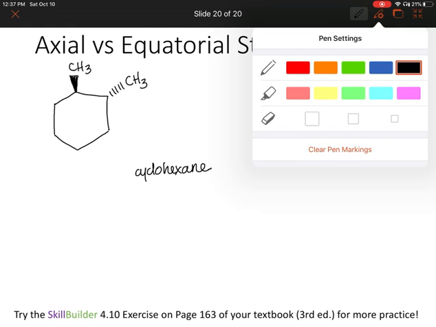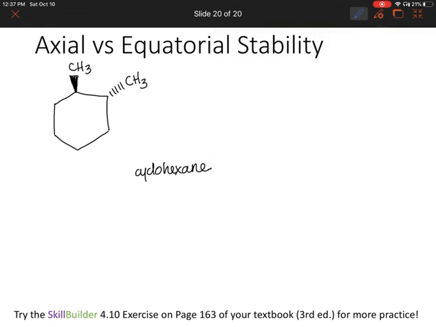Okay, so let's just start at the top, 1, and then we want to go clockwise, right? So that the second methyl is on carbon 2. Because if we went the other way, that second methyl group would be on carbon 6, and we don't want that because that violates our rules.